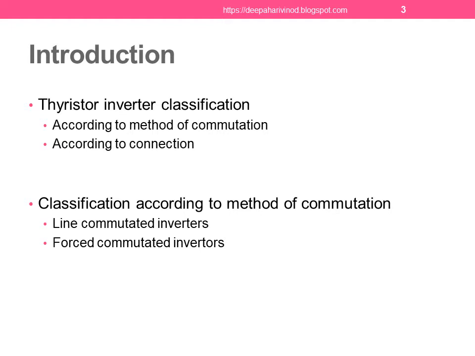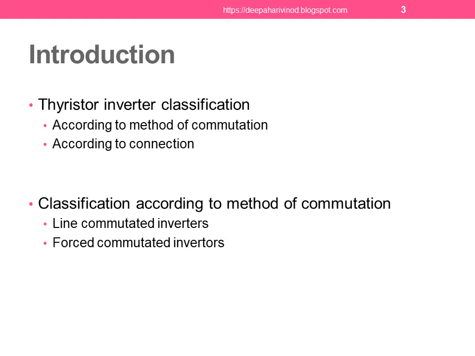Now forced commutated inverters. In a DC circuit, the supply voltage does not go through the zero point. We know that in case of AC it has positive and negative half cycles, but in case of DC it is a straight line. It doesn't cross the zero point.